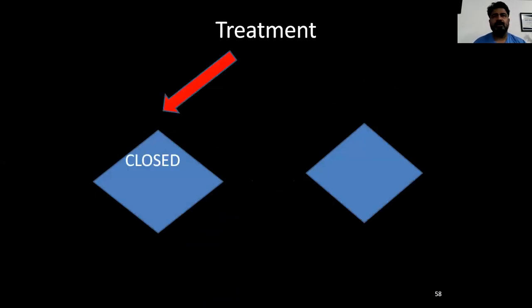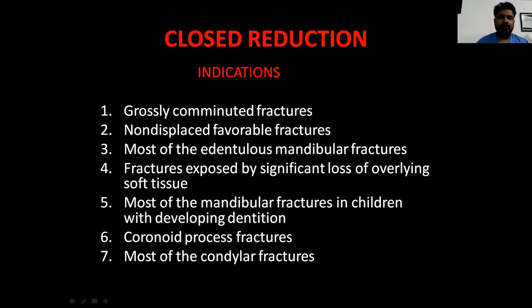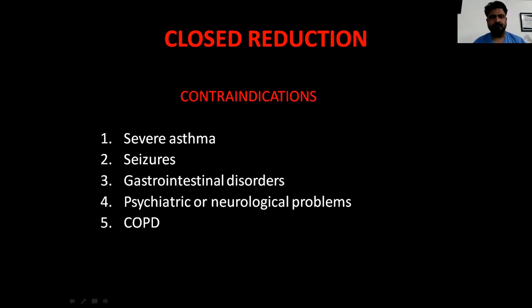So two types of treatment are closed reduction and open reduction. In closed reduction, the indications are comminuted fractures, non-displaced unfavorable fractures, then non-displaced favorable fractures, most of the edentulous mandibular fractures, then fractures exposed by significant loss of overlying soft tissues, most of the mandibular fractures in children with developing dentition, the coronoid process fracture, most of the condylar fractures.